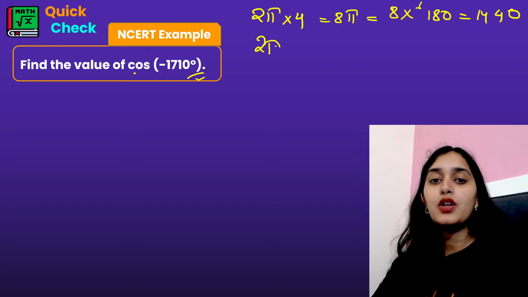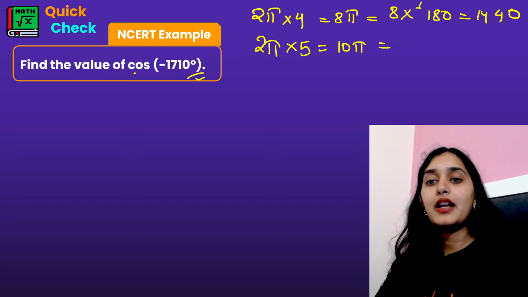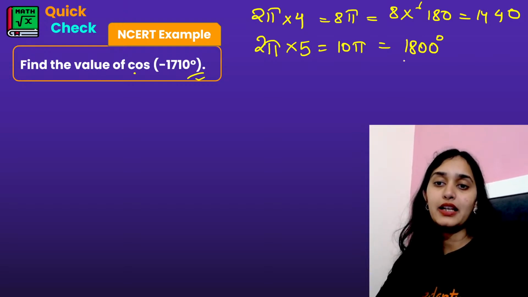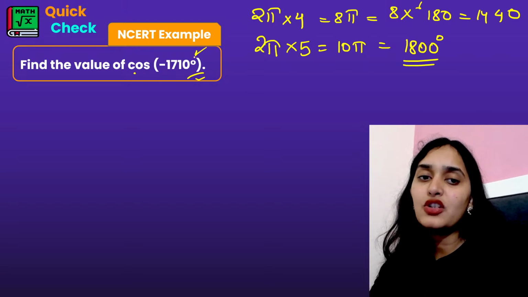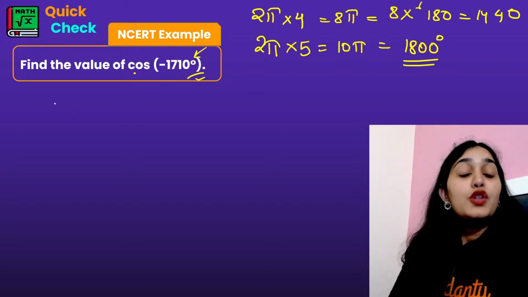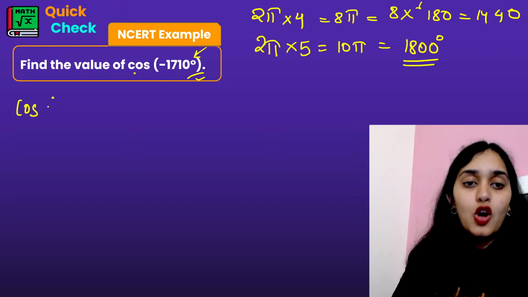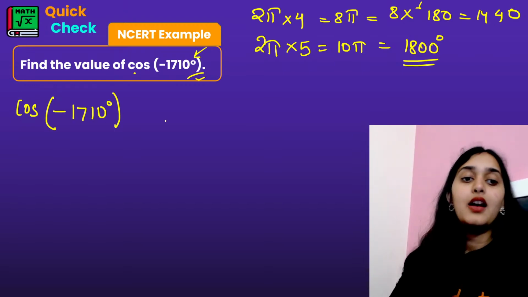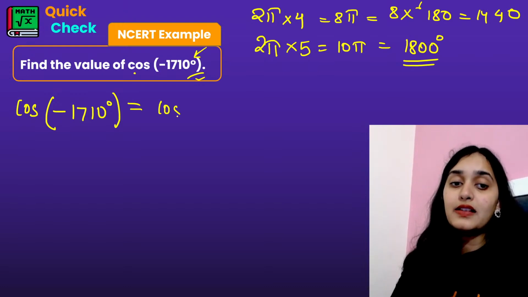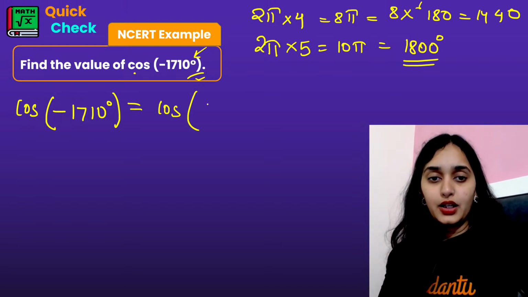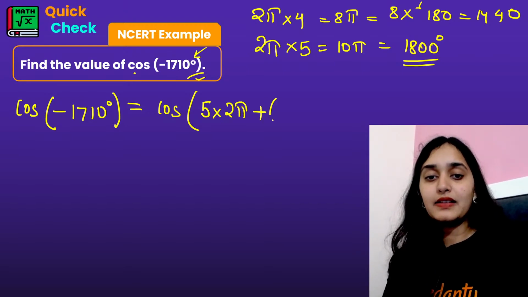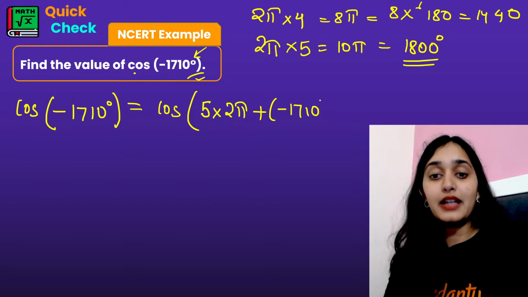Let me find out 2 pi into 5. It will be 10 pi and it will be 1800 degree. Now 1800 is much closer to 1710. So now basically cos minus 1710 degree can be written as cos of 5 times 2 pi plus minus 1710 degree.